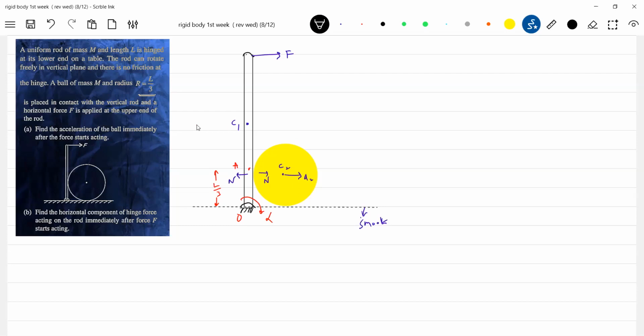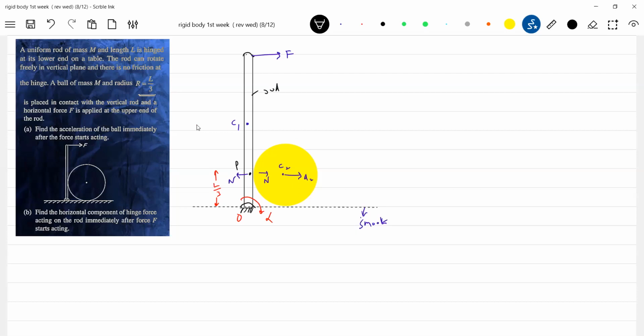Tangential acceleration of point P should be equal to the acceleration of the ball. So first, let me concentrate on the rod.